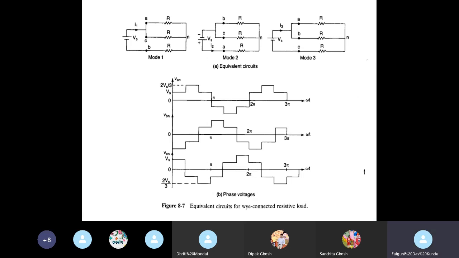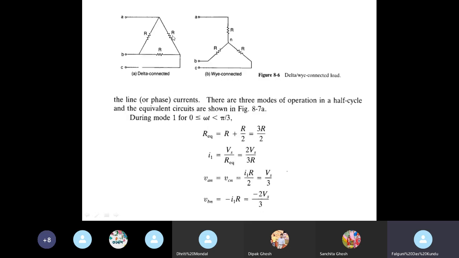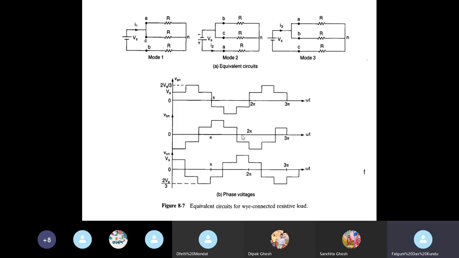So this is the mode 1 operation, and this discussion is above. That is, these two resistances are in parallel and this is in series. So the resistance becomes R by 2, R equivalent is R by 2 plus R in series, that's why R. Here also we see that VAN equals VCN.